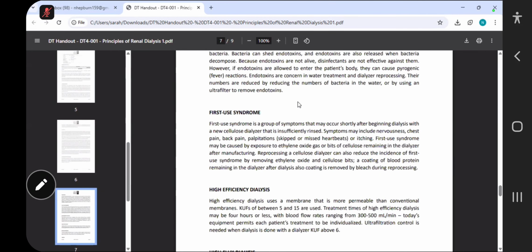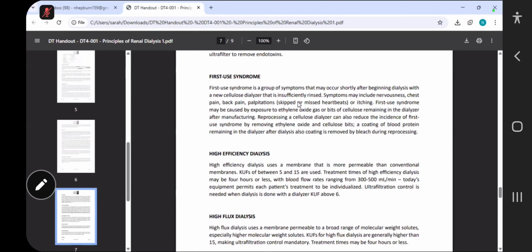That's the symptoms you get during the first dialysis treatment. After beginning the dialysis treatment, first use. Okay, so this is first use syndrome here, right? I have it up on the screen. Everybody, don't go looking.